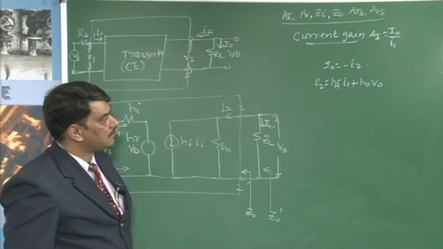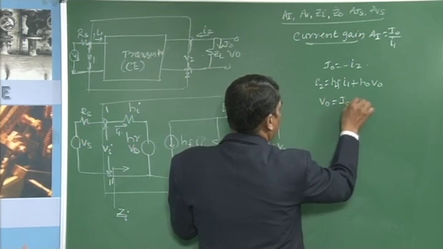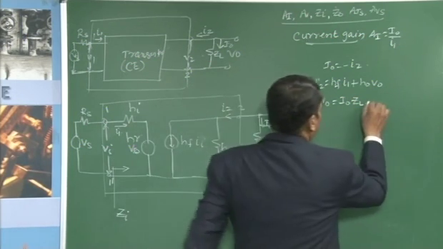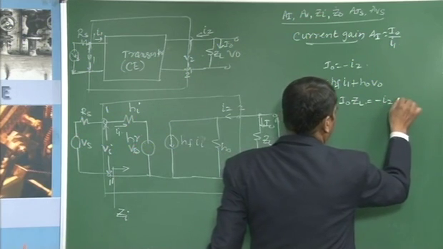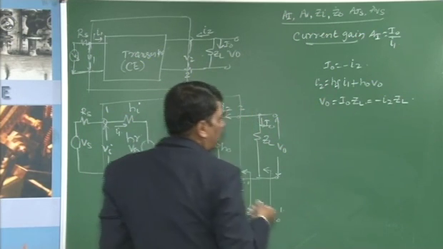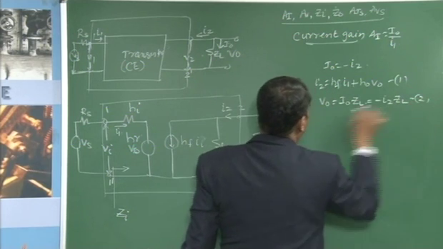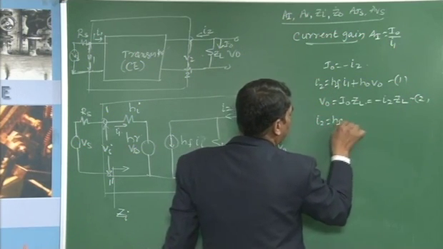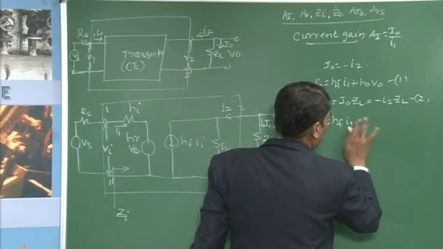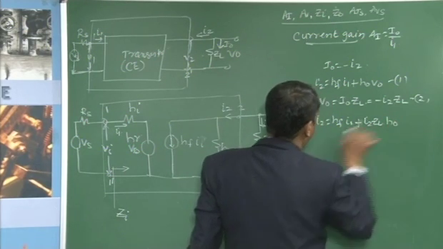Then what is V0? V0 is nothing but I0 into ZL, where I0 is equal to minus I2. Therefore, V0 is equal to minus I2 ZL. Substituting into the above expression, equations 1 and 2, I2 is equal to Hf I1 plus minus I2 ZL into H0.